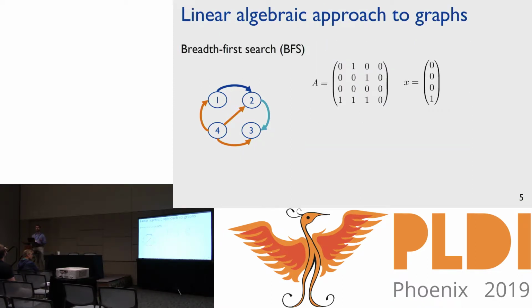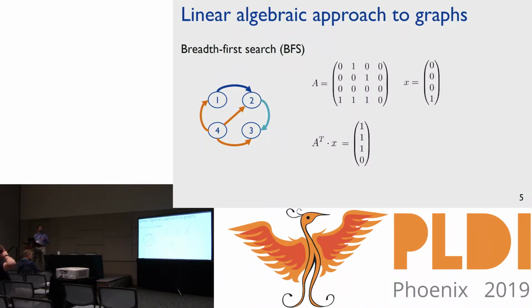Let me show you an example of how we could express a very classical algorithm like breadth-first search using this approach. So we have the adjacency matrix of the graph, and we have a starting node which we list as a vector. The vector x says that we want to focus on node 4. Now, to traverse the frontier of the graph starting from node 4, we multiply the transpose of the adjacency matrix by x.